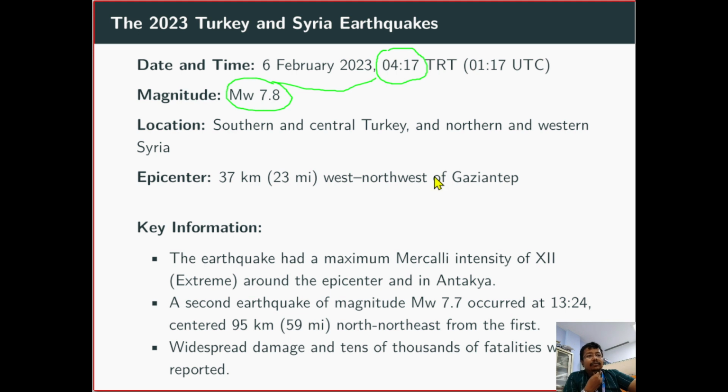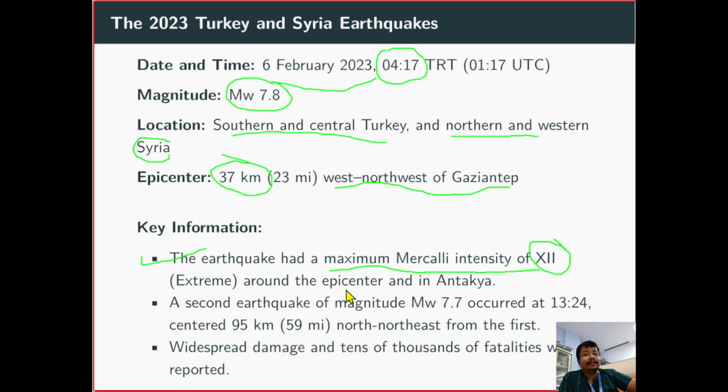The location of the earthquake was south and central Turkey and northwestern Syria, and the epicenter was almost 37 kilometers northwest of Gaziantep. Some of the key information which I have collected is that the earthquake had a maximum Mercalli intensity scale of 12, which classifies it as a very extreme one, right?